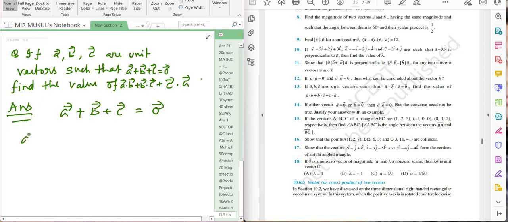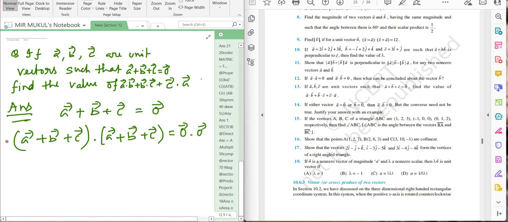So A plus B plus C dot A plus B plus C can be written as 0 vector dot 0 vector. Now if we multiply, then the distributive law will be used.